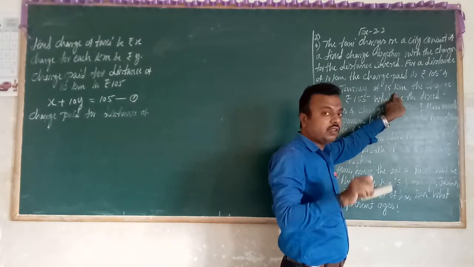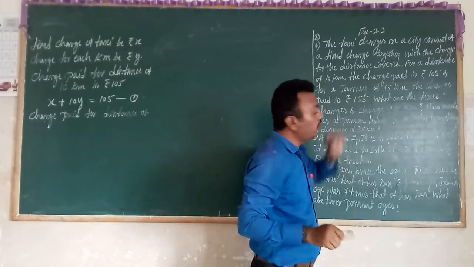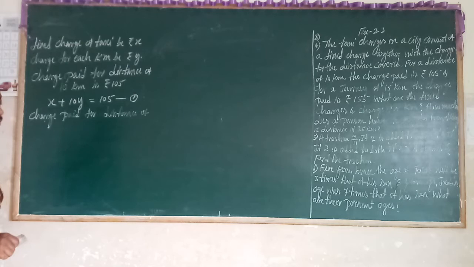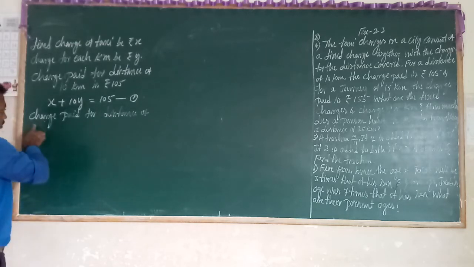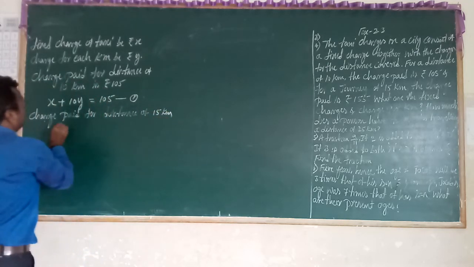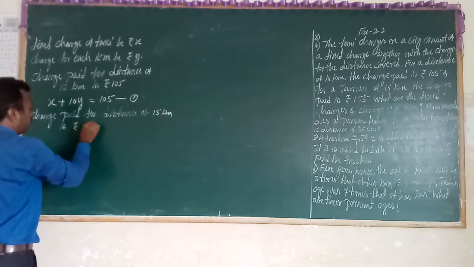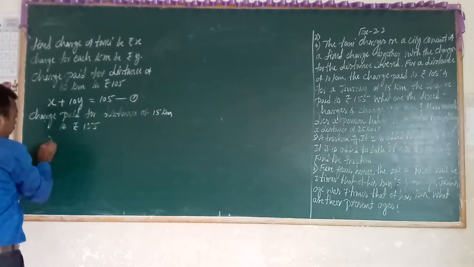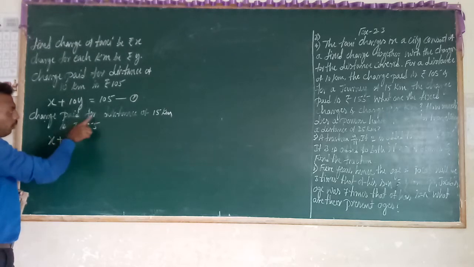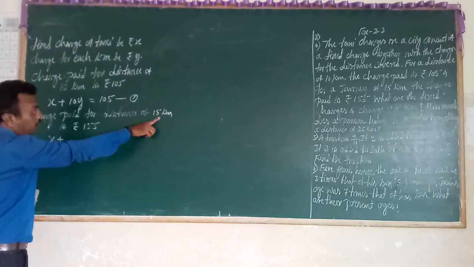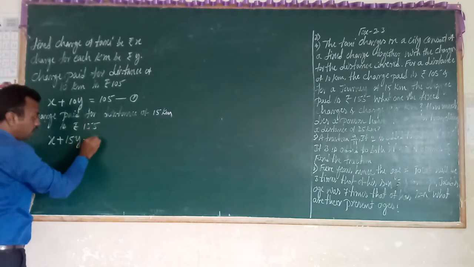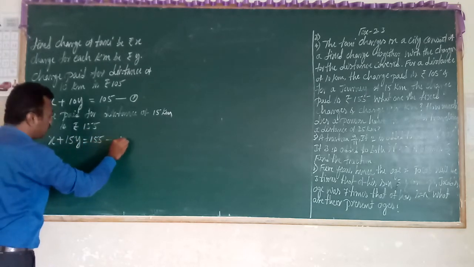If he travels 15 kilometers, the charge paid is 155 rupees. Therefore, the charge paid for a distance of 15 kilometers is rupees 155. See, fixed charge X plus, he travels 15 kilometers, so he pays 15Y. It is equal to 155. So this is called number 2.